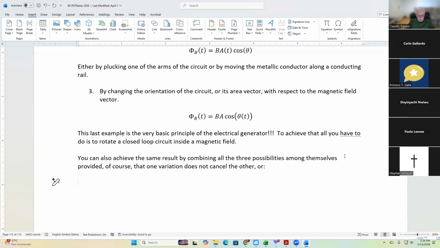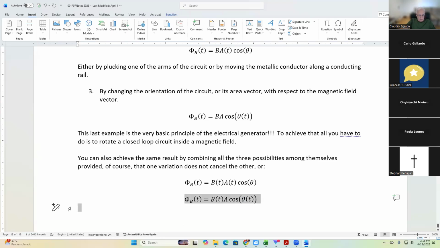Or, here you go. You can have a simultaneous change in the magnetic field and in the area of the circuit to change the magnetic flux. You can have a simultaneous change in the magnetic field and the orientation of the circuit with respect to the magnetic field. That's another way.